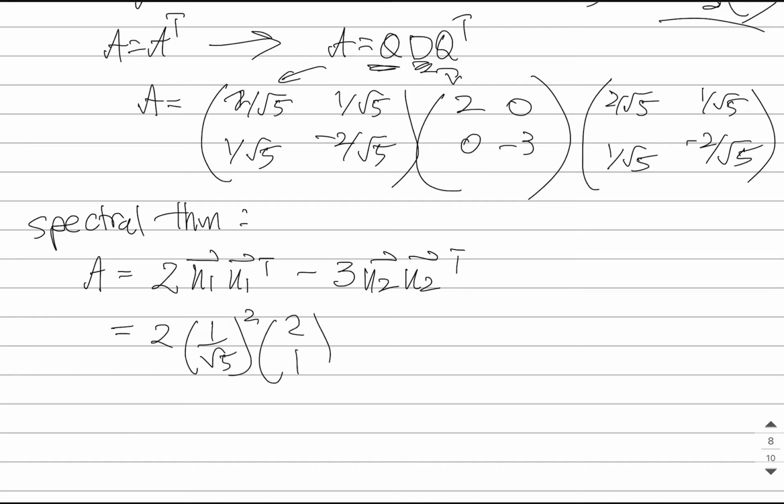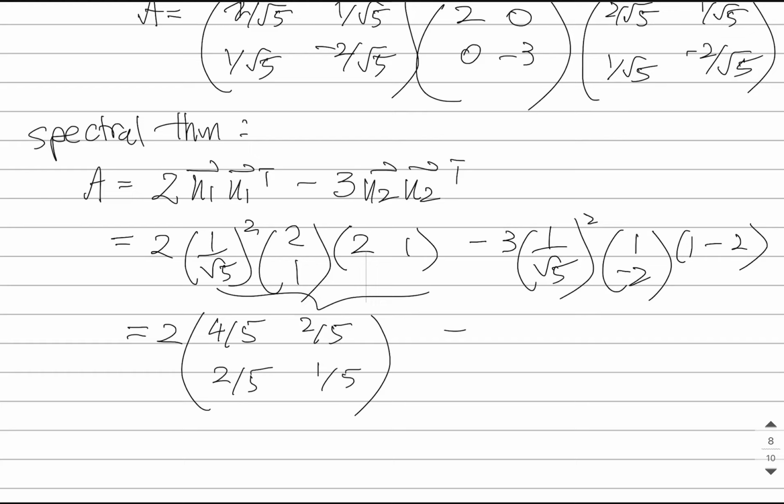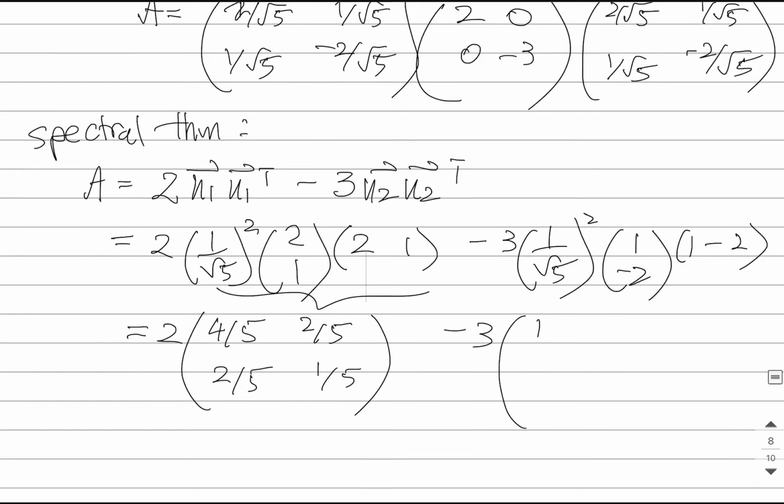It'll be the 2, 1 times 2, 1 minus 3, 1 over root 5 squared because each of the column vectors has a 1 over root 5. 1, negative 2, 1, negative 2. Each one of these things produces the projection matrix. 2, and then we'll have the following. We'll have 4 over 5, 2 over 5, 2 over 5, 1 over 5, subtract 3, and now we'll build this 1 over 5, minus 2 over 5, negative 2 over 5, 4 over 5.